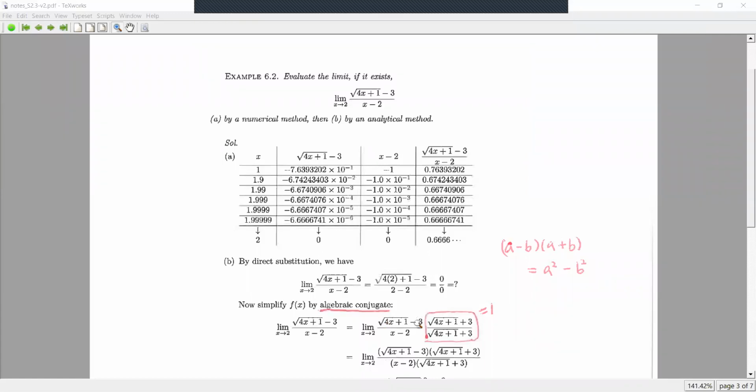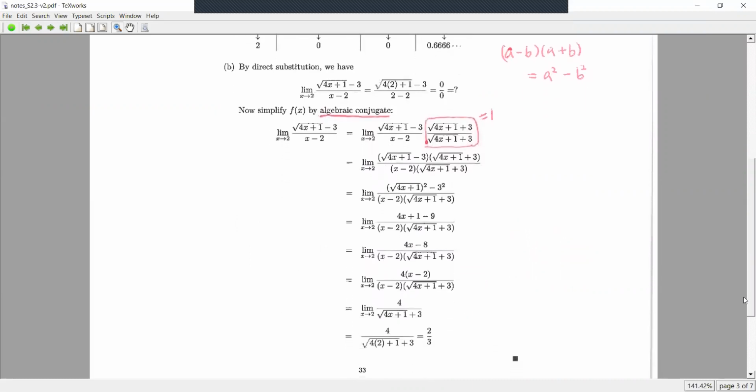A fraction times a fraction is equal to the numerator times the numerator, and the denominator times the denominator. So we have this equation. The product on the top, I can use this formula.